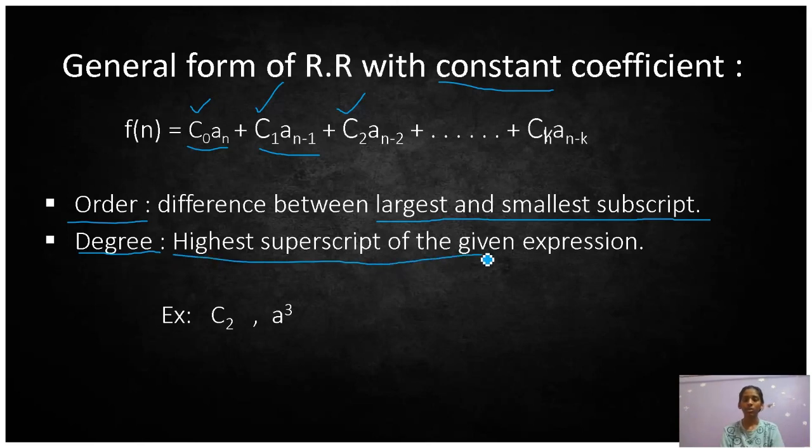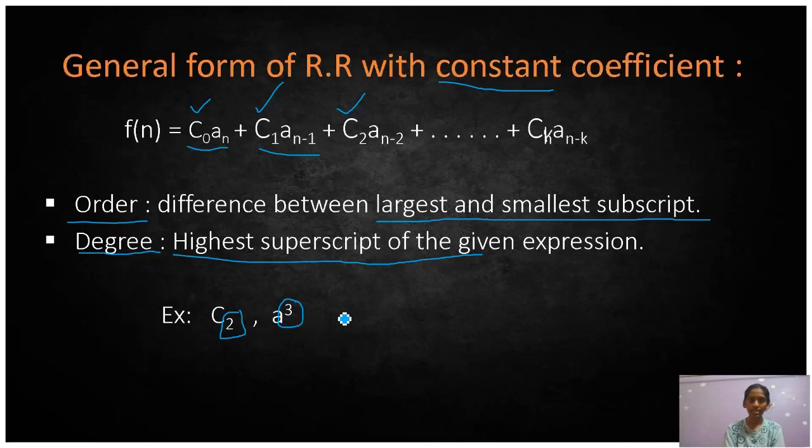Before finding order and degree, we must know what is meant by a superscript and what is a subscript. In the example c2, here 2 is known as the subscript, whereas in a cube, 3 is known as the superscript. So the subscript in c2 is 2 and the superscript is 3.